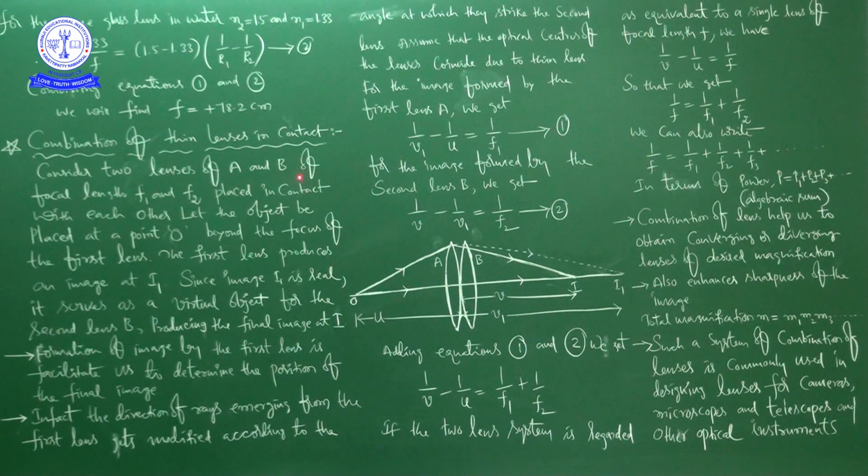Consider two lenses A and B of focal lengths f1 and f2 placed in contact with each other. Let the object be placed at O beyond the focus of the first lens. The first lens produces an image at I1. Since image I1 is real, it serves as a virtual object for the second lens B, producing the final image at I, right?